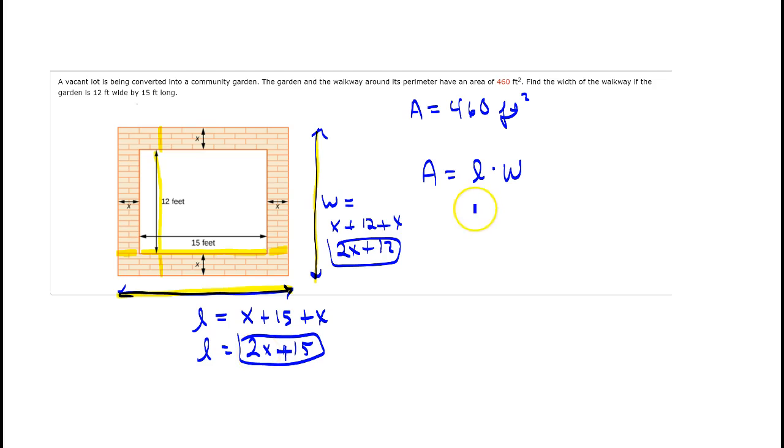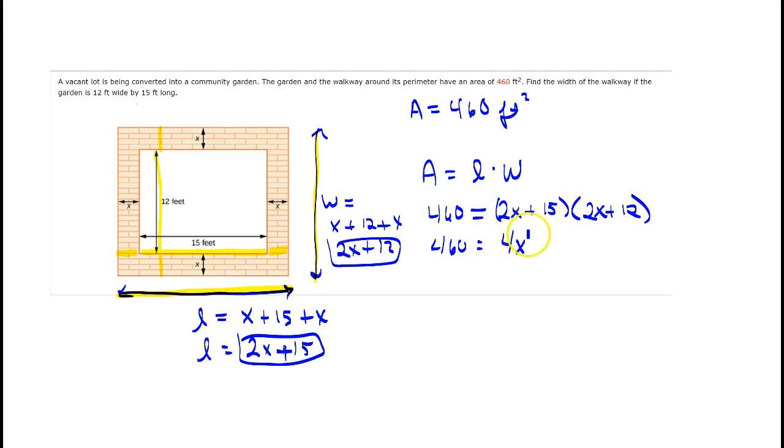So area, we were given that. That's 460 square feet for the area of the garden and the walkway. The length of the garden and the walkway is going to be 2x plus 15 times the width, which is 2x plus 12. And we need to simplify this. We're going to FOIL, or multiply these two binomials.